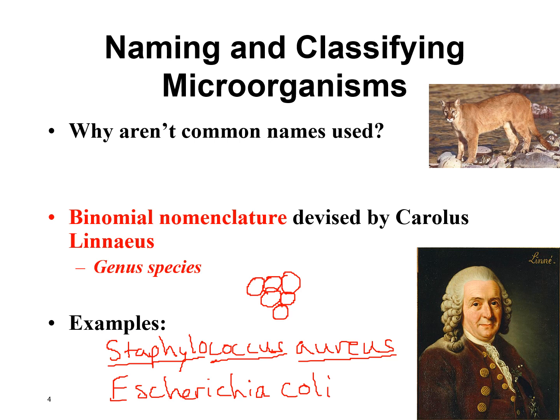The scientist that discovered this bacterium, his last name was Escherichia, and so that's where that part of the name came from. He named it after himself. And then coli, the species name, is just describing where Escherichia coli likes to live inside of us. So that's where the scientific name for E. coli came from.